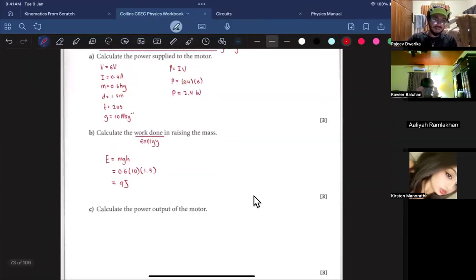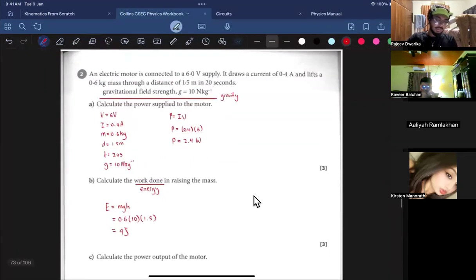In the previous one, we calculated the power supplied to the motor, but we understand, Aliyah, that not all the power supplied to the motor is going to be used to actually lift the mass, right? You understand that?